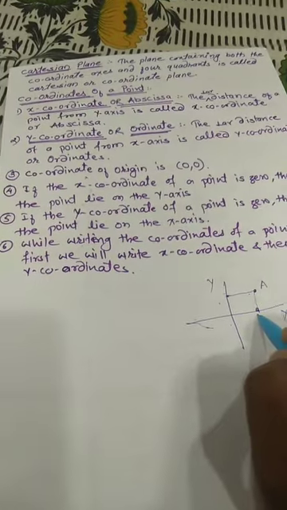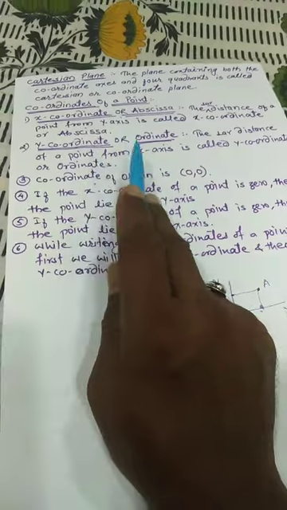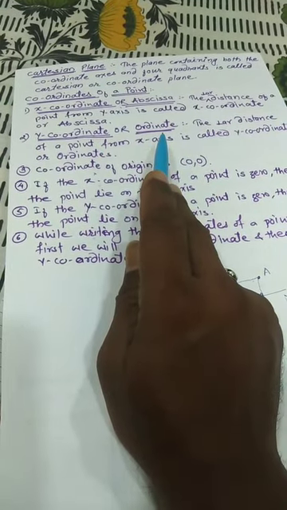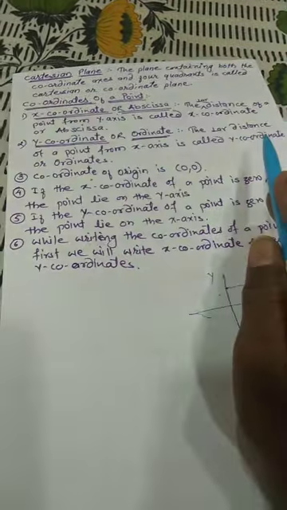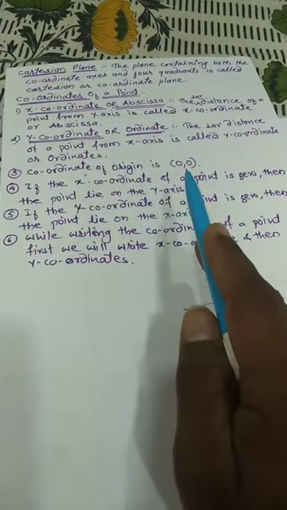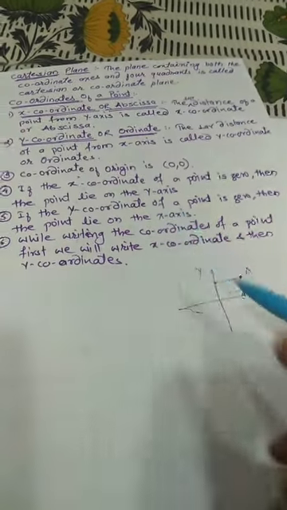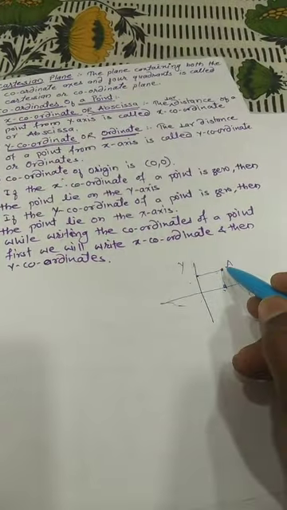Hope you understand. Then second is the y coordinate or ordinate. The perpendicular distance of a point from the x-axis is called y coordinate or ordinate. Now the same point we are considering.